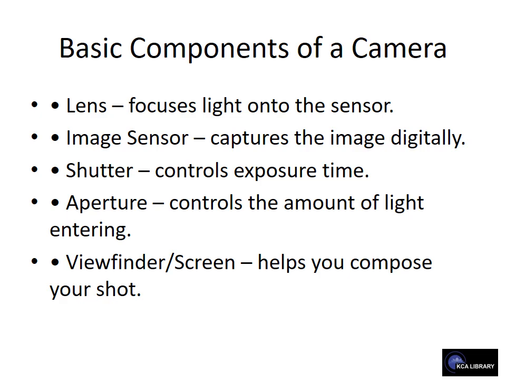Then you have the shutter. The shutter controls exposure time. And then you have the aperture. Aperture controls the amount of light entering. Then you have the viewfinder or the screen, and this just helps you to compose your shots.